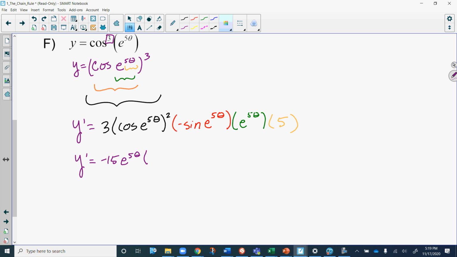So here I'm going to just say sine because I imagine that that's probably how it would be written as an example, an answer choice for a multiple choice question. I imagine sine would probably be written first. And then we'll say cosine e to the 5 theta, and we're done.